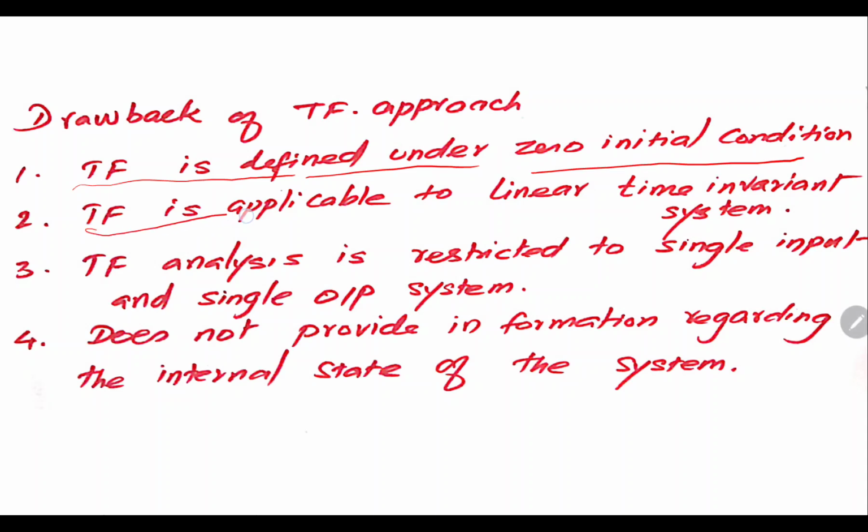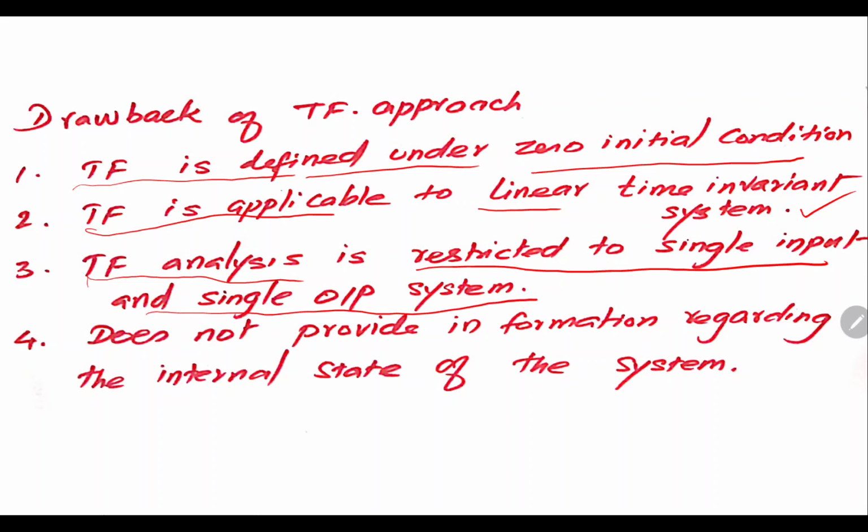Next, the transfer function is applicable only to linear time invariant systems. If it is a non-linear or time variant system, it's very difficult to use the transfer function approach. Transfer function analysis is restricted to single input and single output systems. If we have multiple inputs and multiple outputs, that is MIMO, then it is difficult.